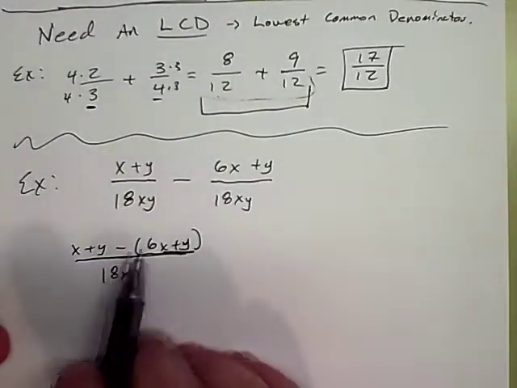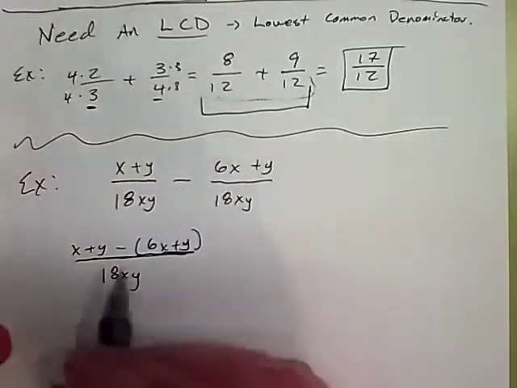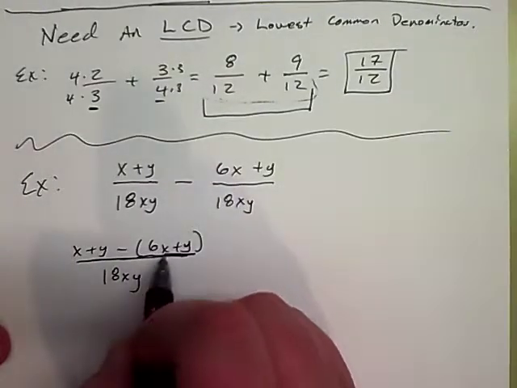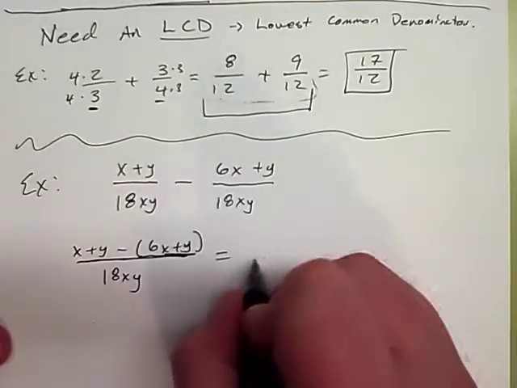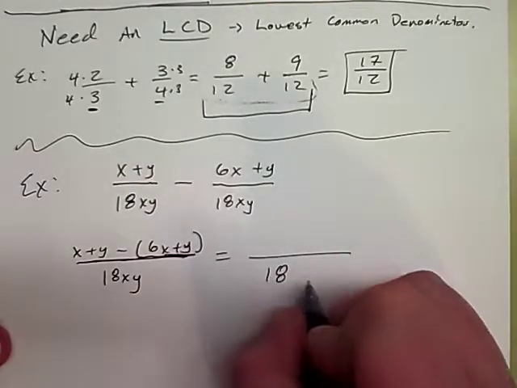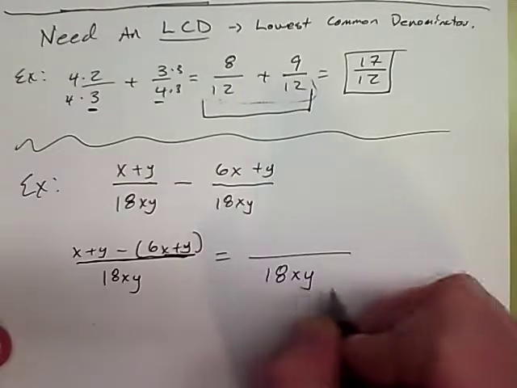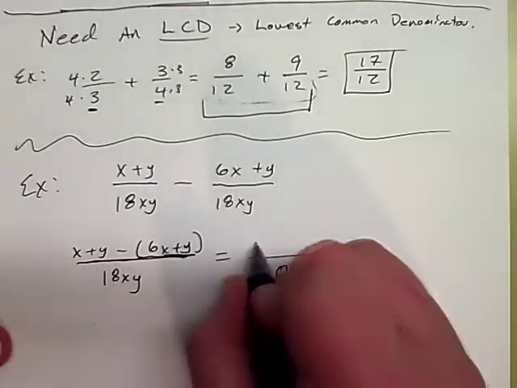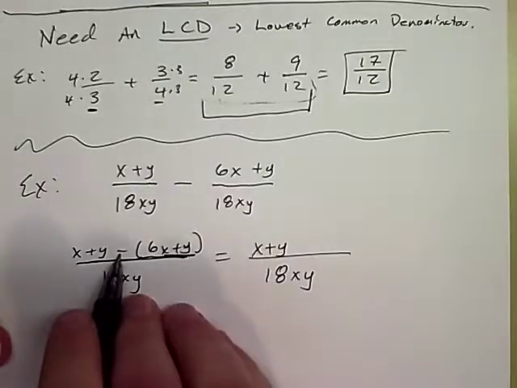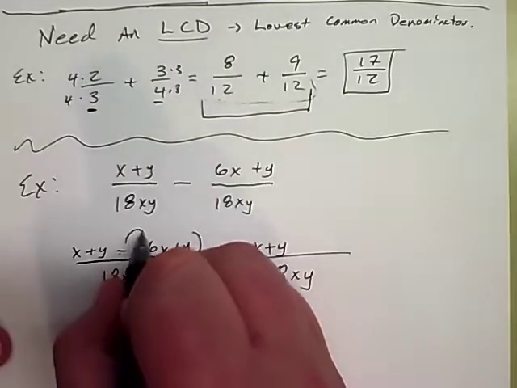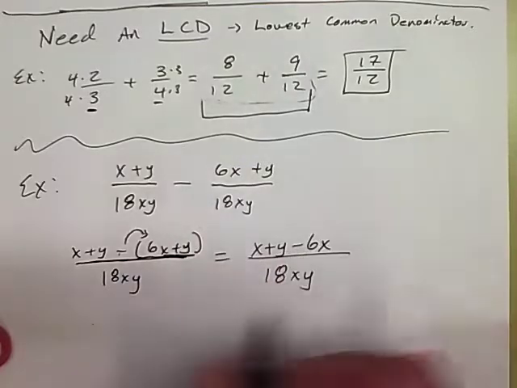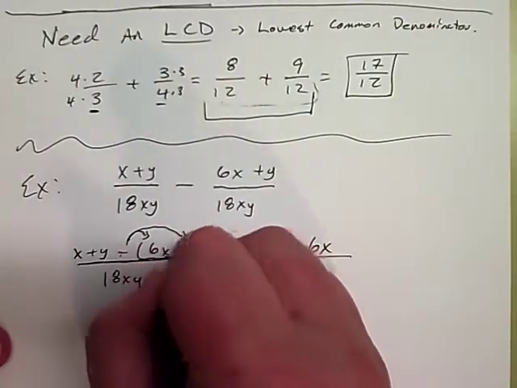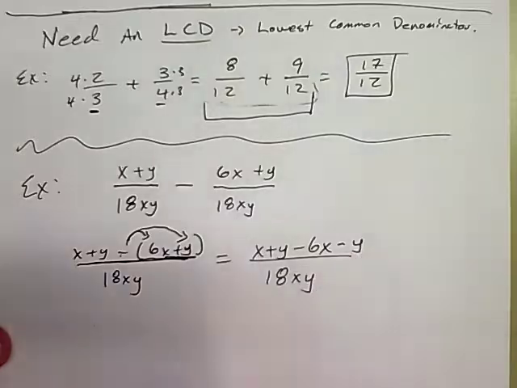The reason I have to do this is that I need to know that I'm subtracting the 6x and the y. So I end up with, again, my denominator 18xy, and now I have x plus y. Now the subtraction, I have to distribute to both: minus 6x minus y.